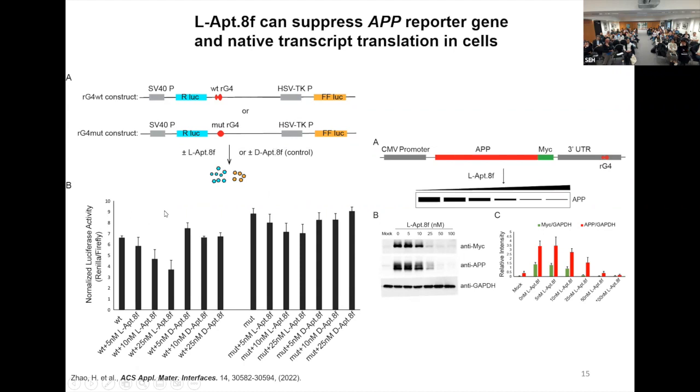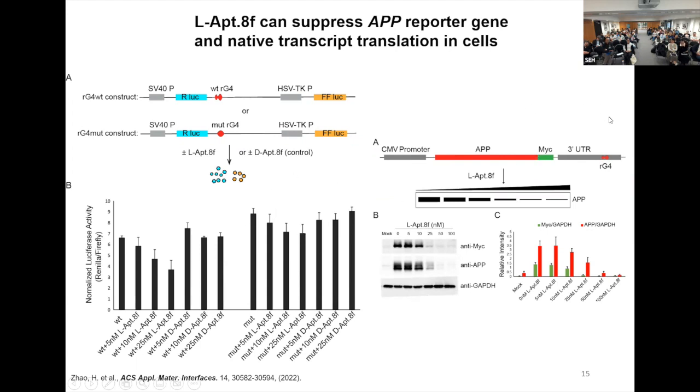And what we found is that in the wild type construct, the L aptamer addition will suppress the translation, meaning that probably the L aptamer binds to it and stabilizes it or blocks the translation process. And we don't see that for the D aptamer control. We also did it for the mutant version, and we don't see any significant differences.